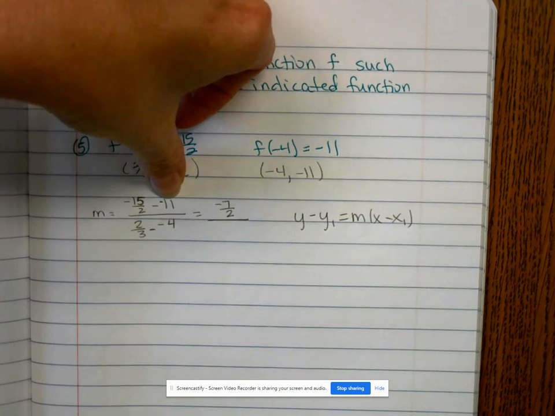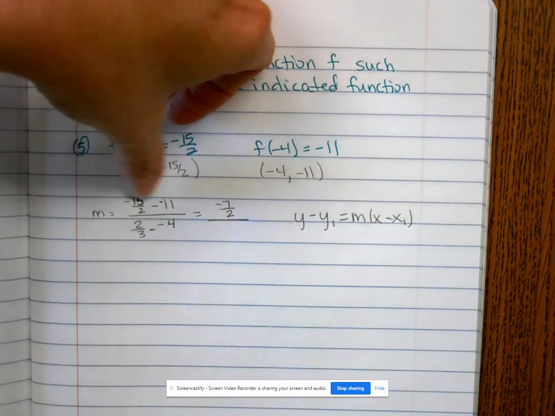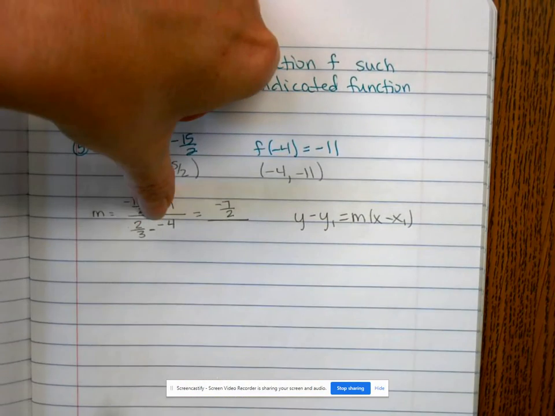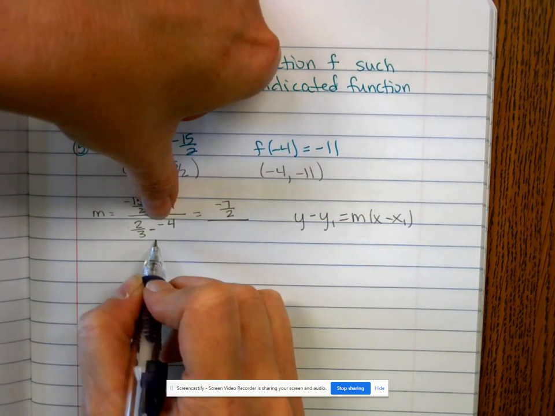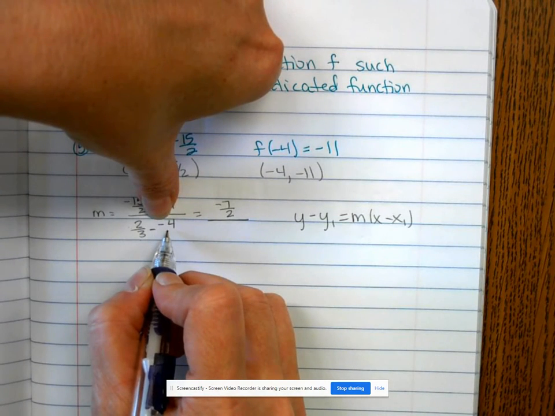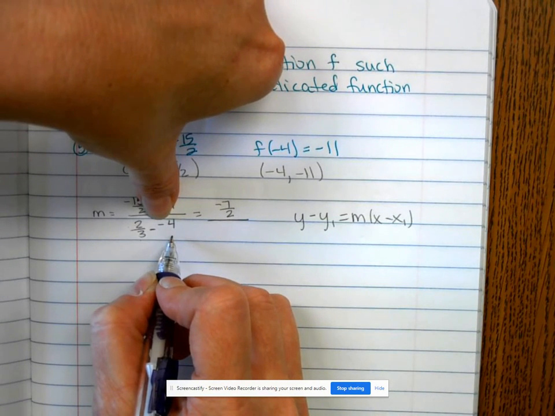Because you can call this 22 over 2. And so negative 15 plus 22 is negative 7. For the denominator, this is going to be 2/3 plus 4, or 2/3 plus 12/3, so 14/3.